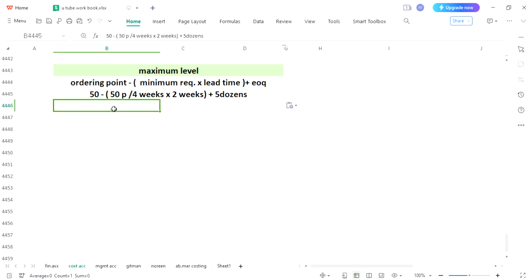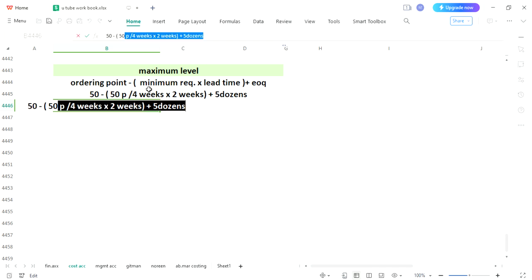So can you write like this: 50 minus bracket open? This requirement is for 4 weeks, so you can write it 50 pieces per month as well. Are you with me? What I have said, 50 pieces were for 4 weeks, and 4 weeks are present in 1 month. Similarly, you can write 50 pieces per month.